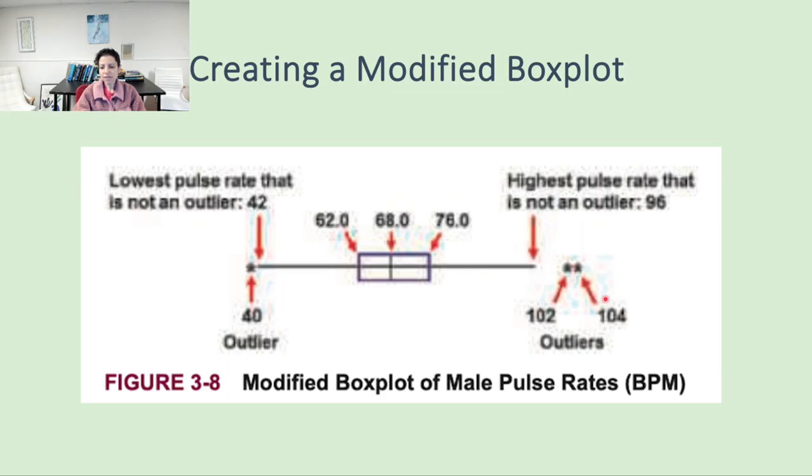Now, we have these outliers, 102 and 104. Anything above 96 is going to be an outlier. That's what 102 and 104 are. Anything below 42 is an outlier. So 40, that's an outlier. So we're drawing our outliers, but we're not letting them distort our box plot.